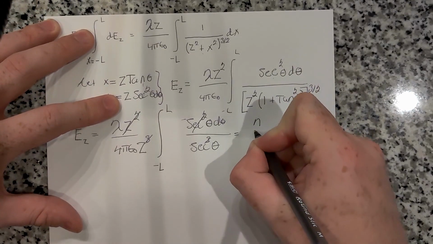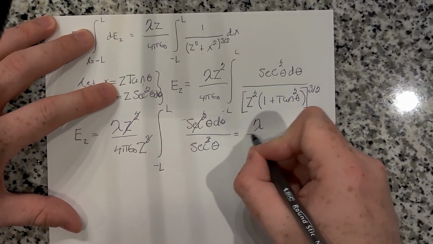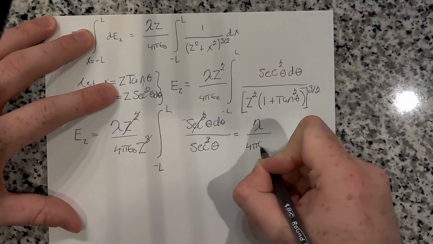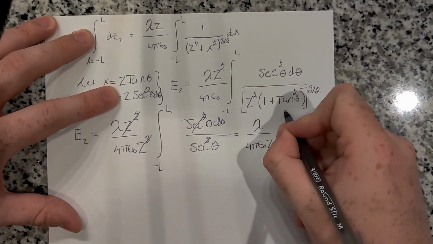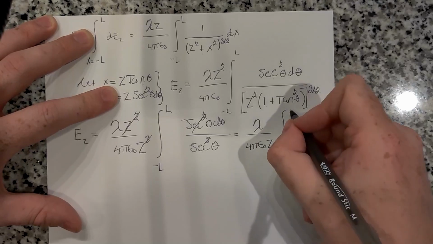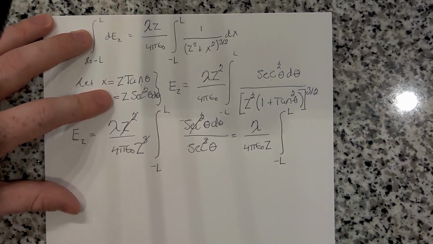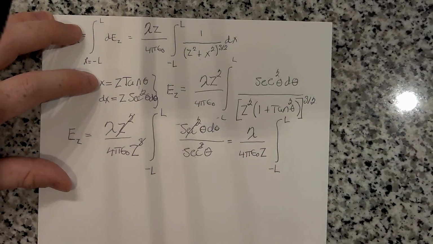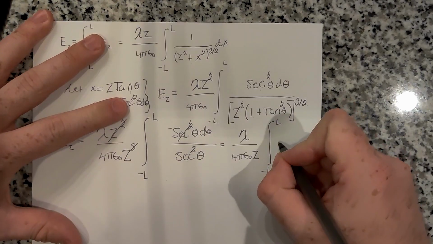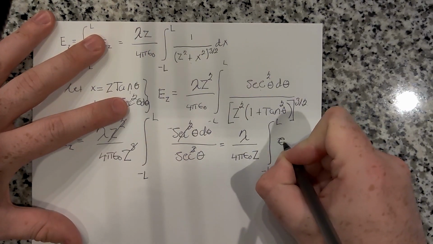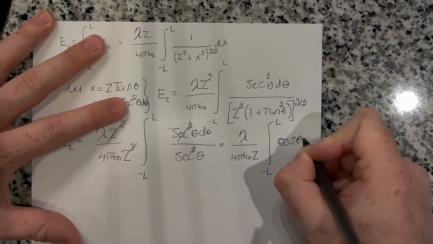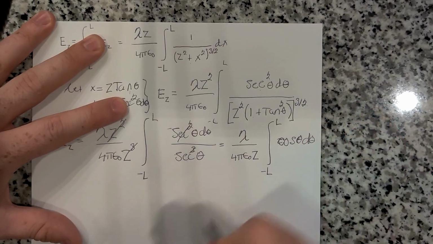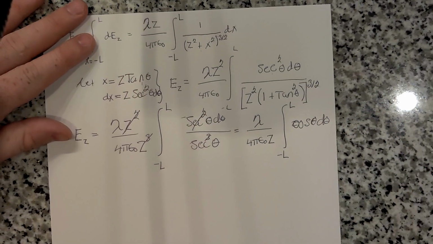So what we end up having is lambda over 4 pi epsilon naught z, the integral from minus L to L, and these bounds are still in x. I did not change them over to theta. We have the integral of cosine of theta now, d theta. That's a very simple integral. That's sine of theta.